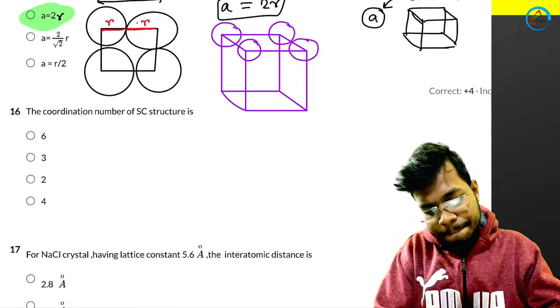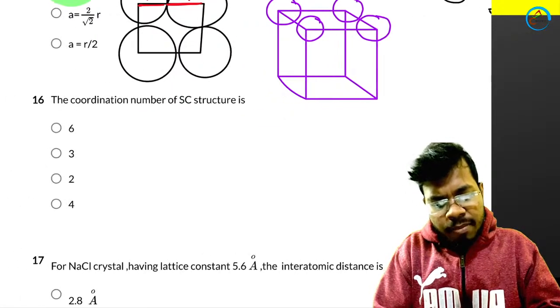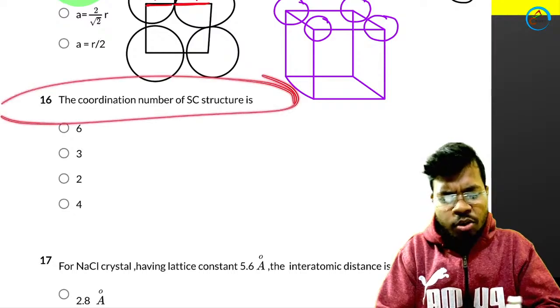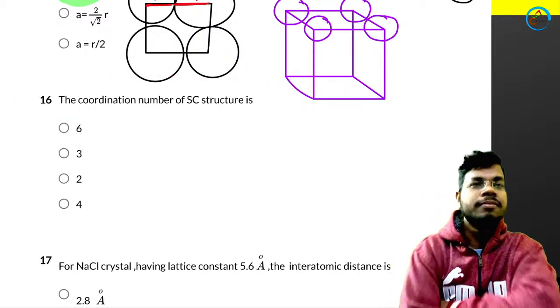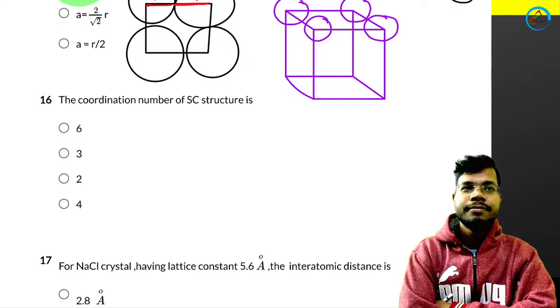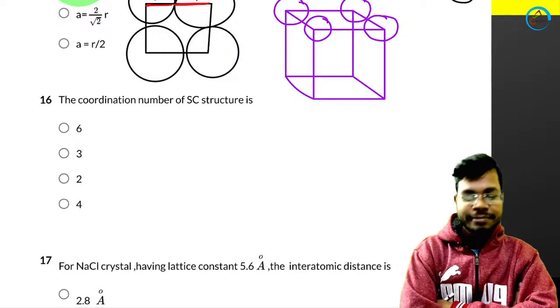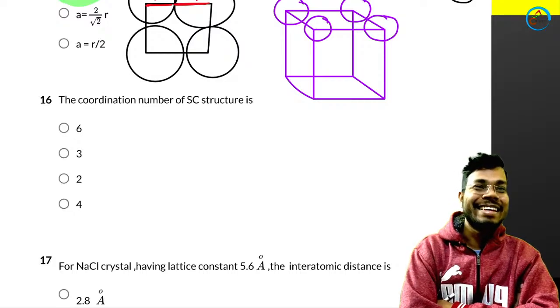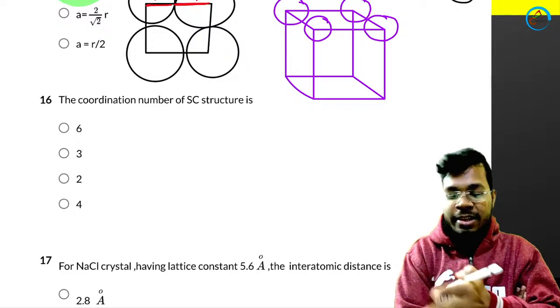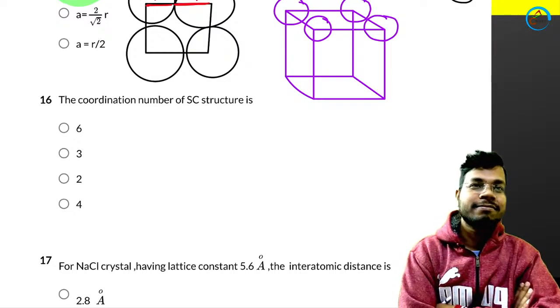Next one, the coordination number of simple cubic. Anybody? What is the coordination number of simple cubic structure? Nothing to worry, in the actual question it's corrected, but here it's like this.